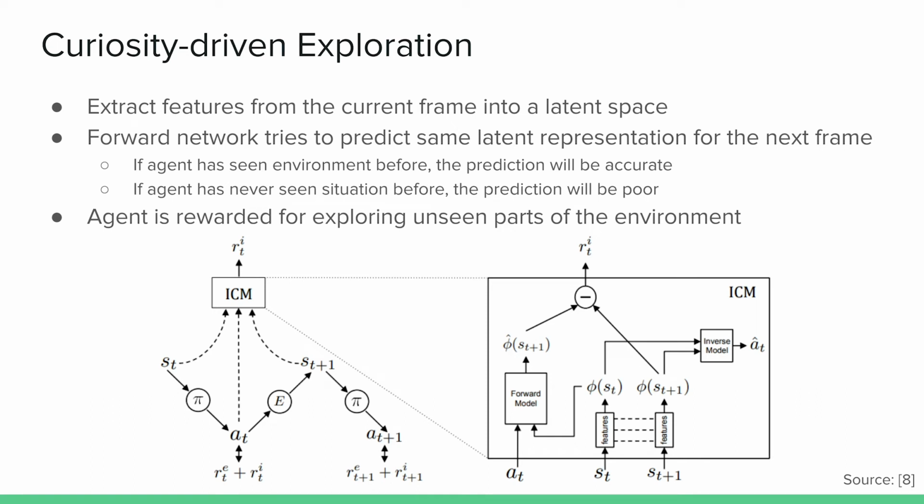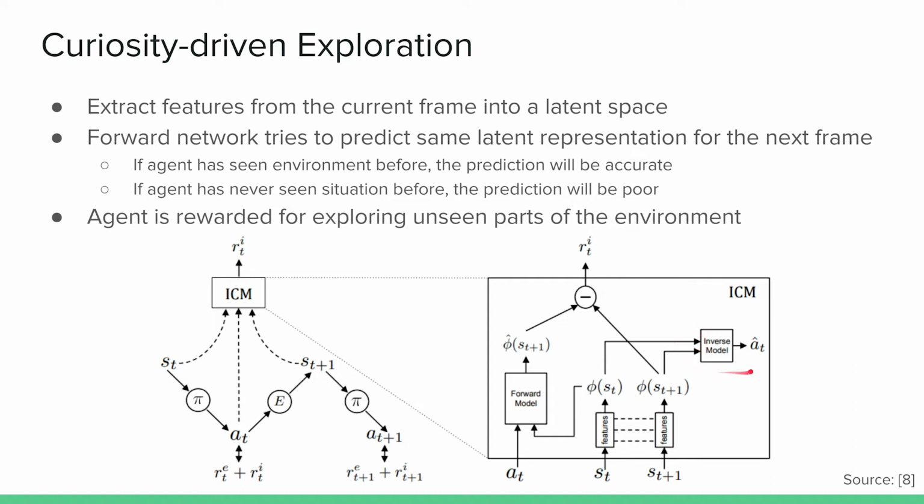So it kind of says that getting your agent to intrinsically explore the environment is a crucial part and can really help you in many settings. One more thing that you can see here is the so-called inverse model, which is also an interesting idea.